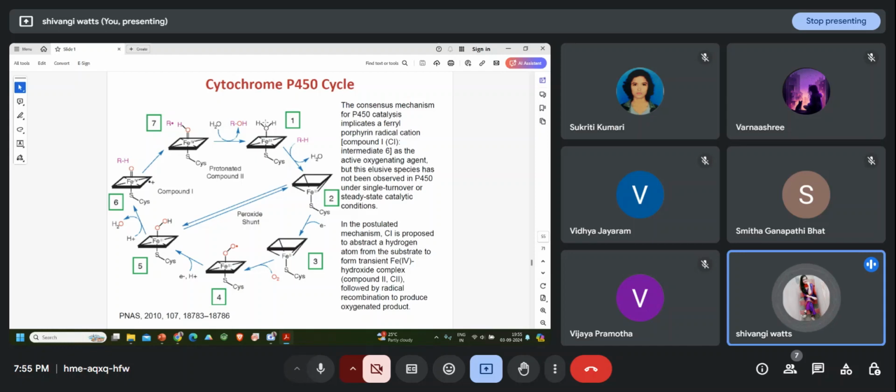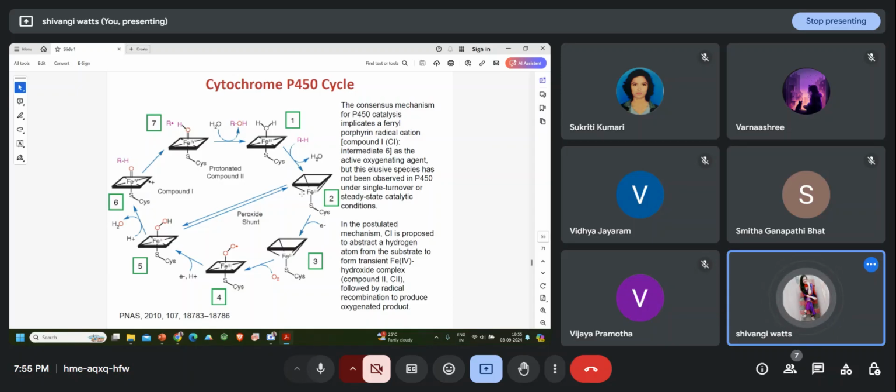First of all, the hydrocarbon will come, that is RH we are denoting, and H2O will come out. When RH comes in, this will be converted into Fe3 cysteine.